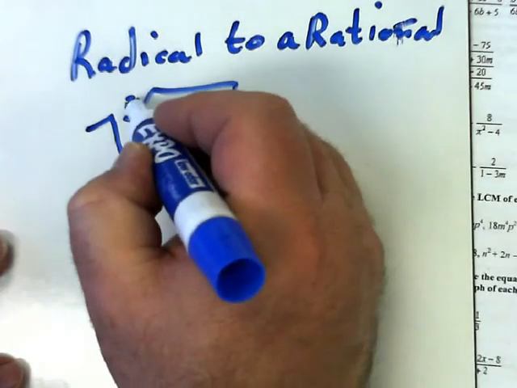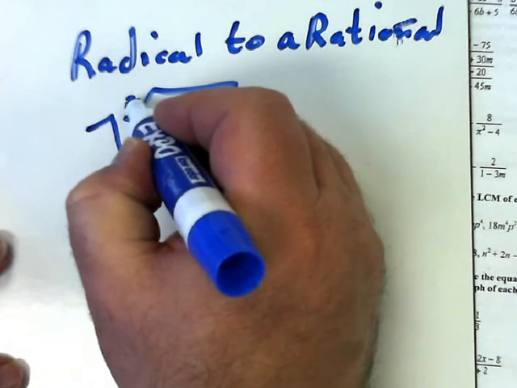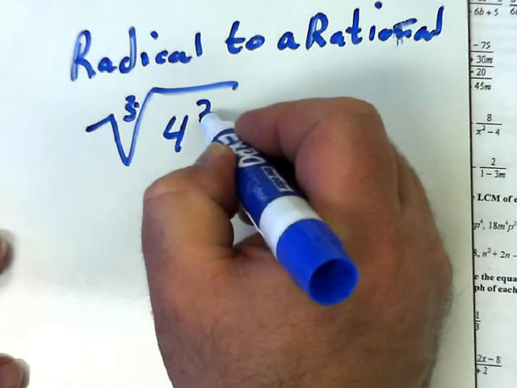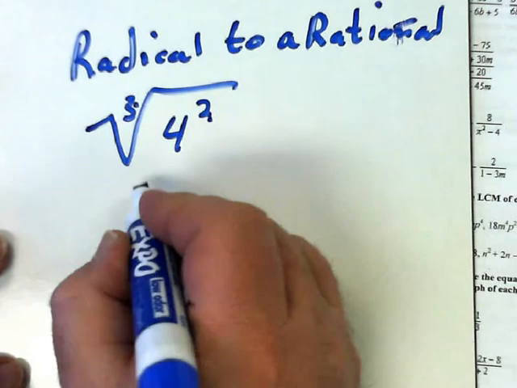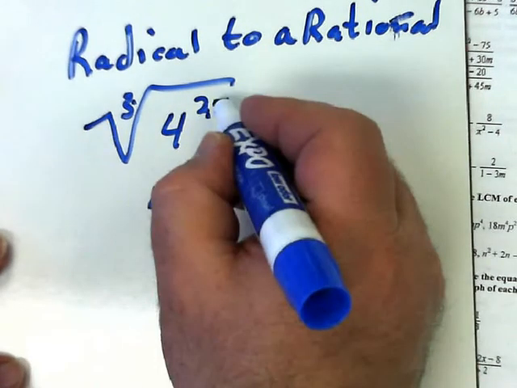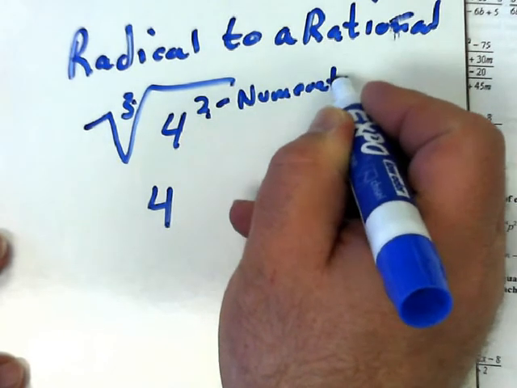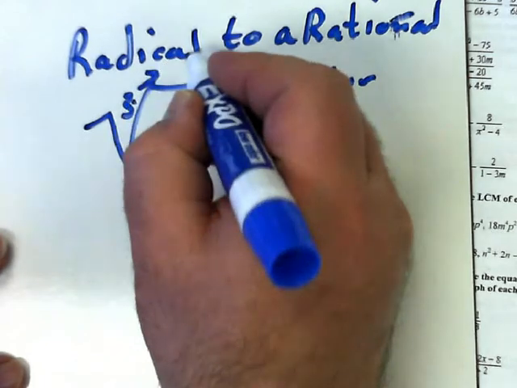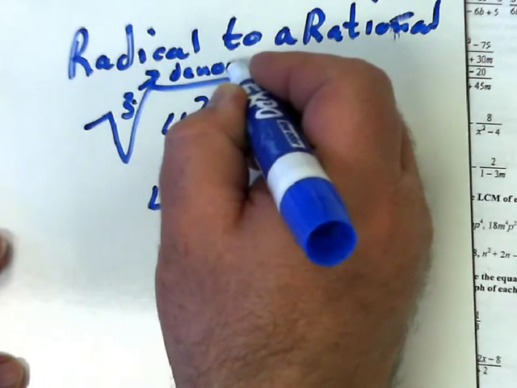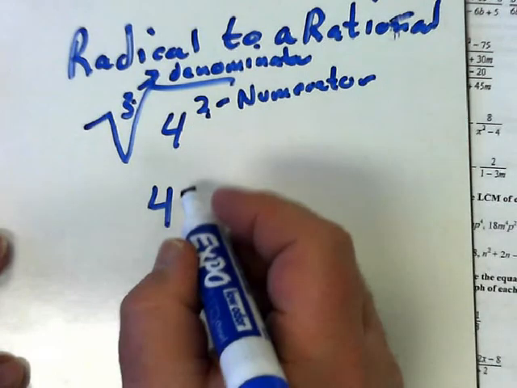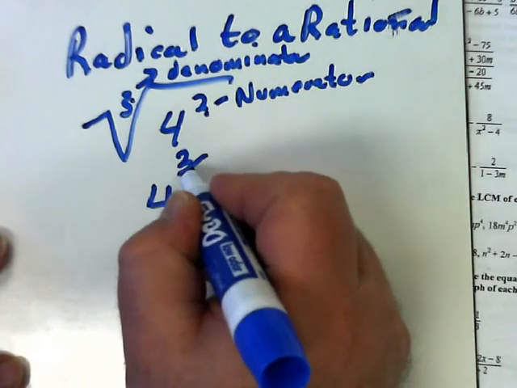Didn't the index come from the denominator? And this became the numerator? So I do the same thing here. This is going to be my numerator. This is going to be the denominator. So I would have 4 to the 2/3 power.